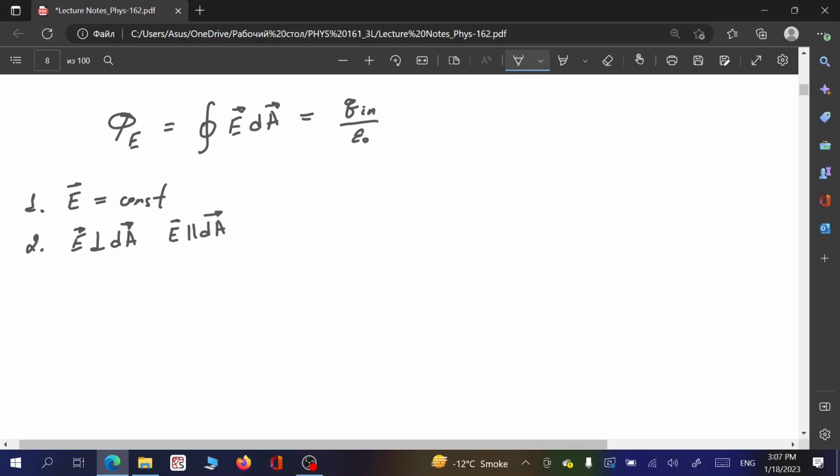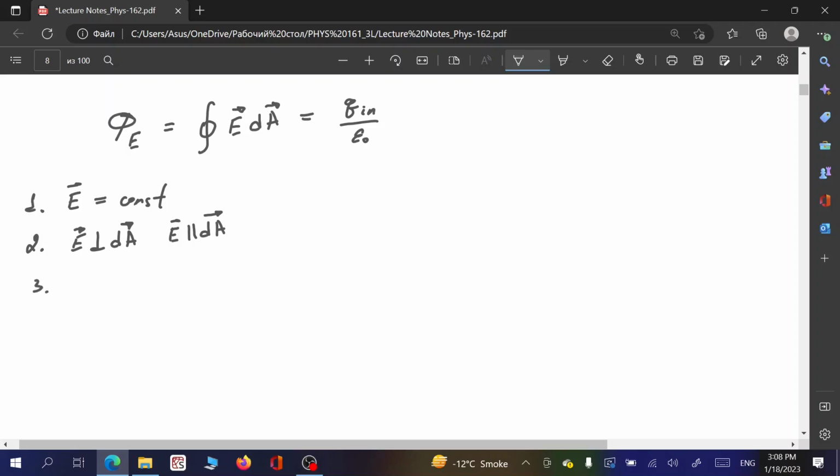Both work well because we either have just the product of magnitudes of two vectors, or it will be equal to zero, because when the electric field vector is perpendicular to the normal vector to the surface, there is no flux of electric field. It's equal to zero.